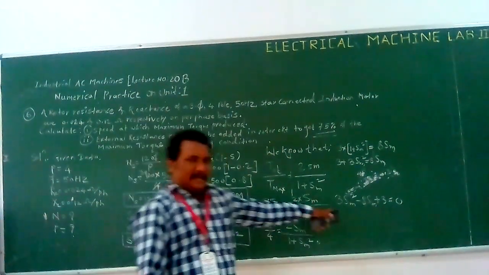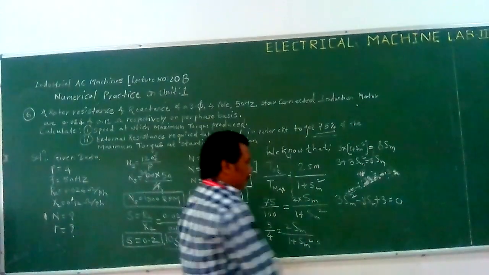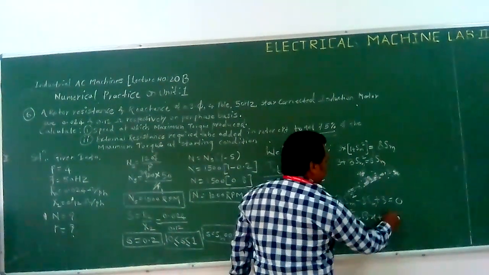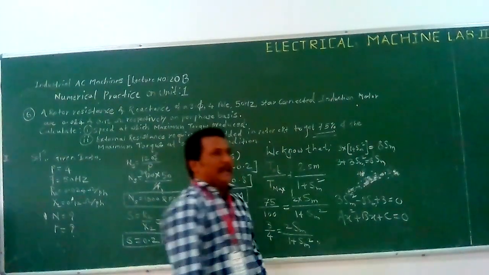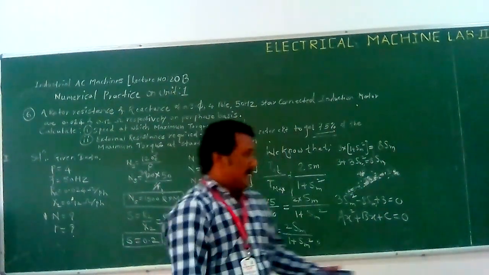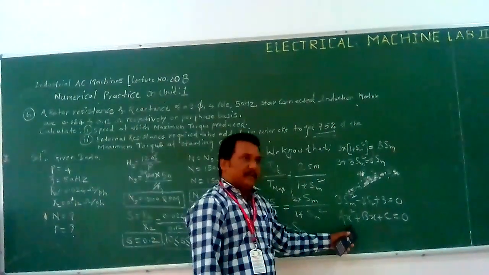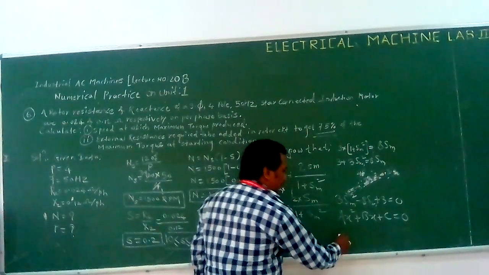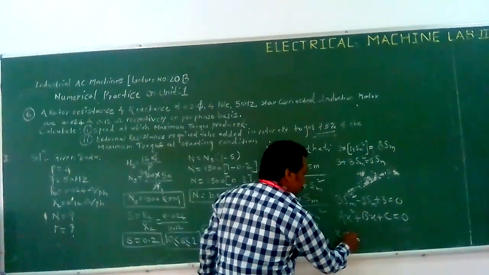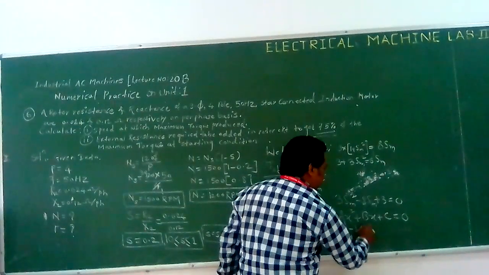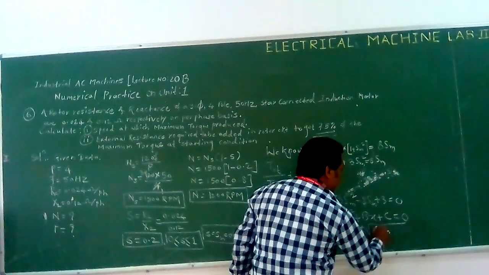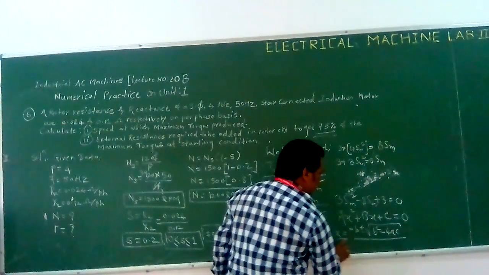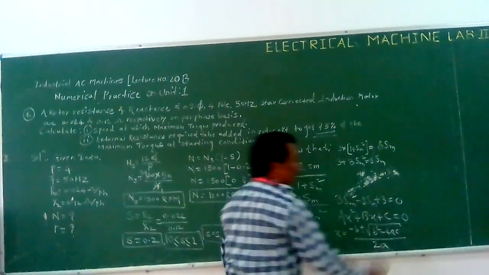So it is a quadratic equation of the type ax square plus bx plus c is equal to 0, and we know the roots of such a quadratic equation. The roots are x is equal to minus b plus or minus root of b square minus 4ac, divided by twice a.